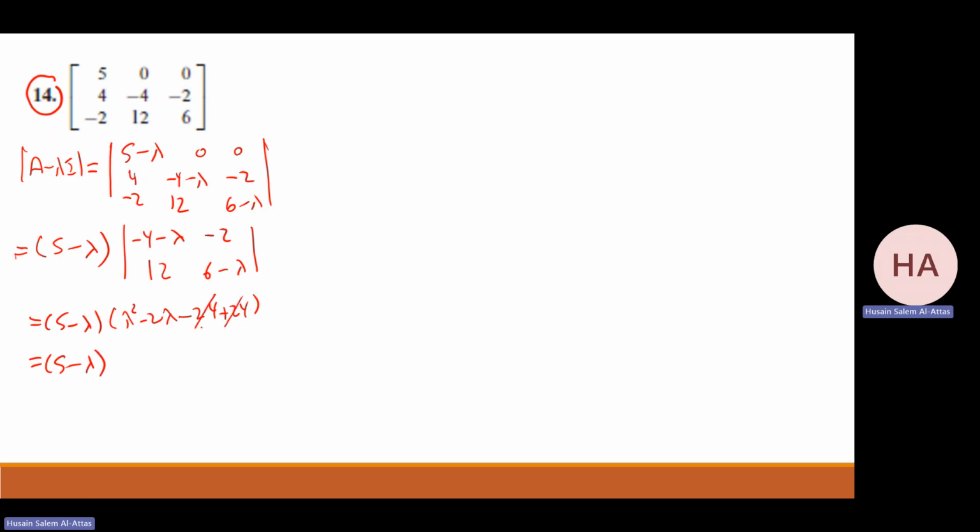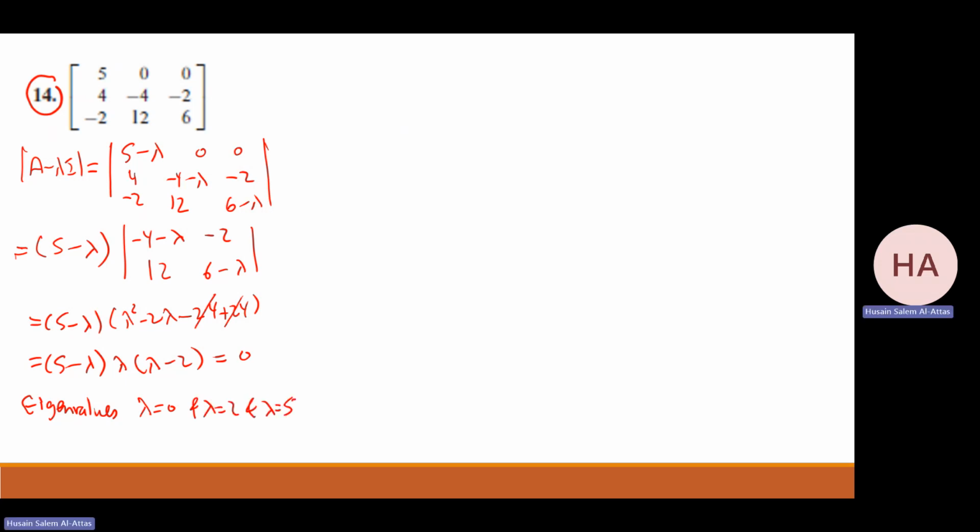This is cancelled. I can take lambda common factor. I have lambda minus 2 equals 0. So what are the eigenvalues? Eigenvalues are lambda equals 0, lambda equals 2, lambda equals 5.